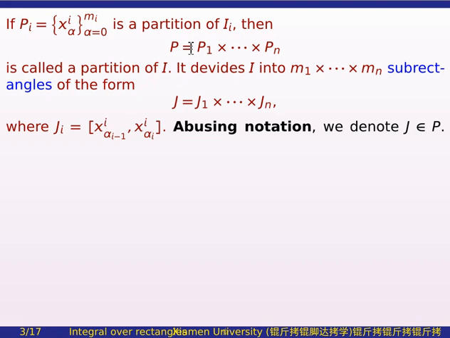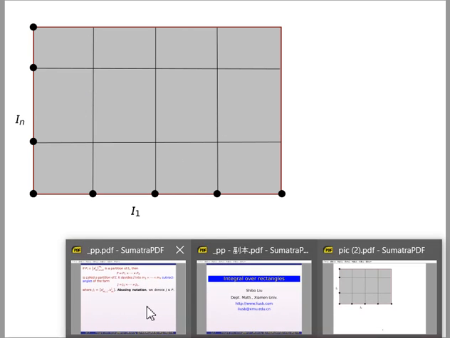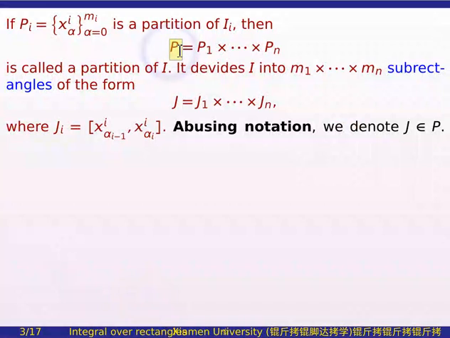The elements of this P are not rectangles. The elements of P are the points, here, that is 20 points in this picture. These 20 points are the elements of the partition P. But those points determine the small sub-rectangles of this form.